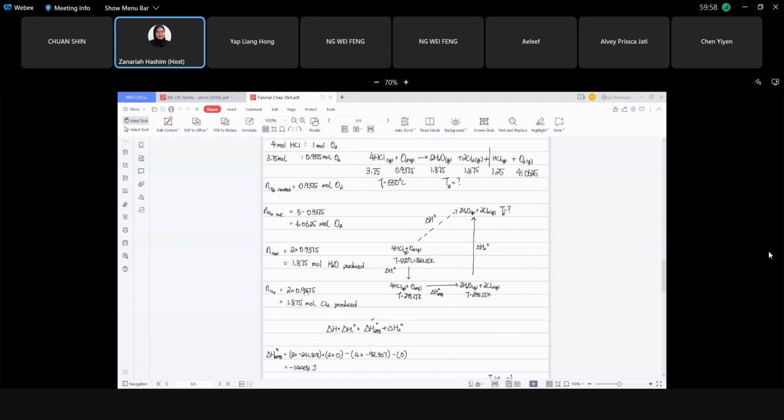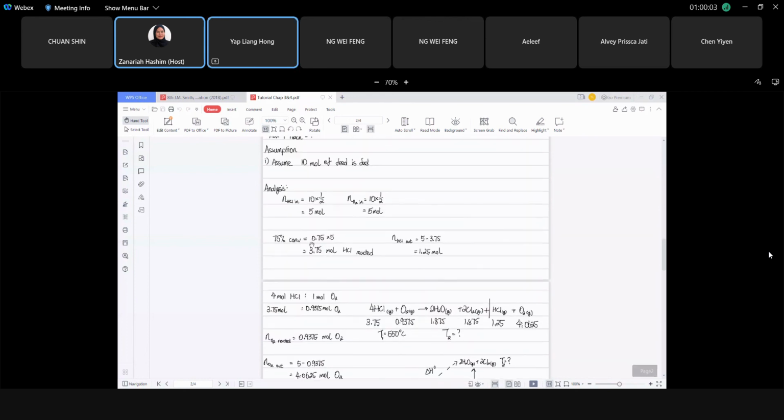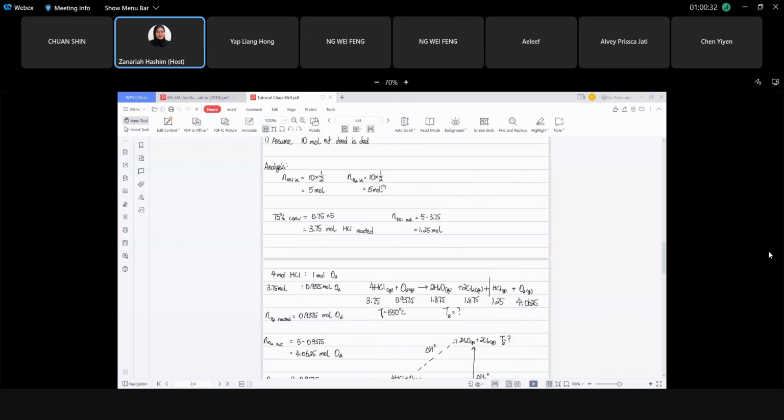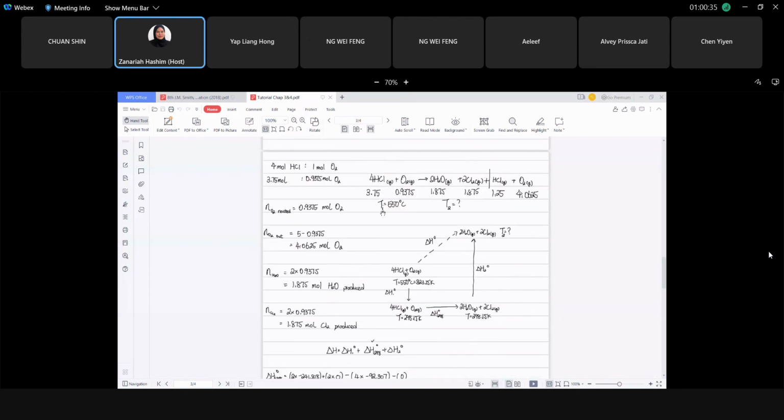So it depends on what basis you take. If your basis was 3.7 something moles, then you have to multiply by that, or recalculate following the same ratio. For example, I took my basis as 4 moles of HCl. In that case I just multiply by 75%, because I assume 4 moles follows the original stoichiometric equation, and because it's 75% efficiency, I just multiply by 75%.